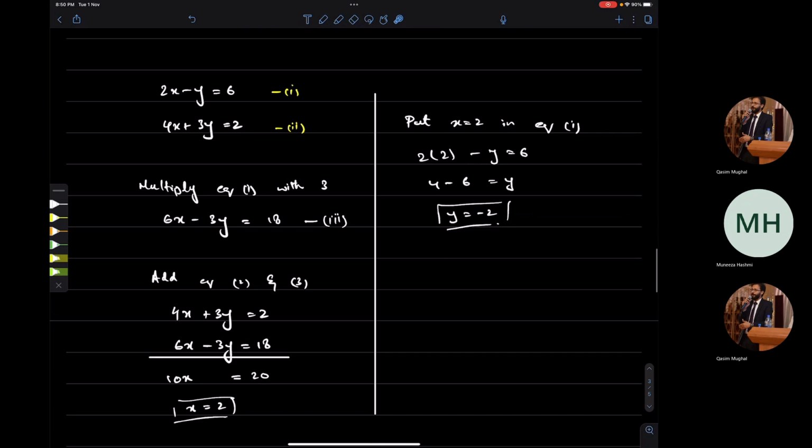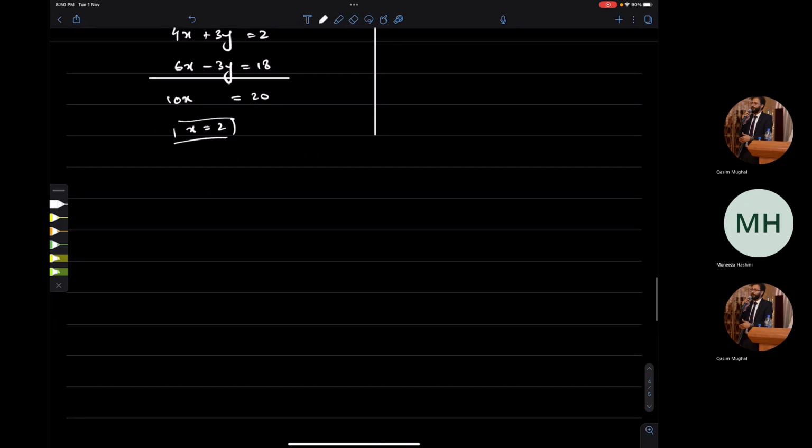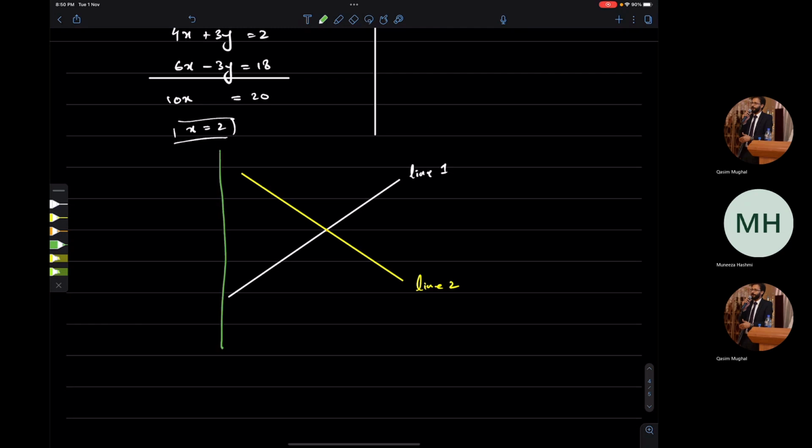For example, if you look at the first equation, this is what you get. I'm going to tag this as line 1. And from the second equation, this is what you get. I'm going to tag this as line 2. Now, let's say we have the y-axis over here and the x-axis over here.